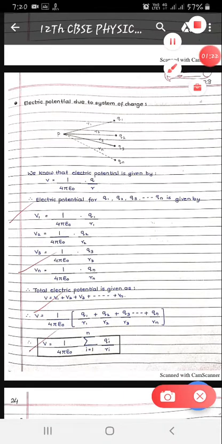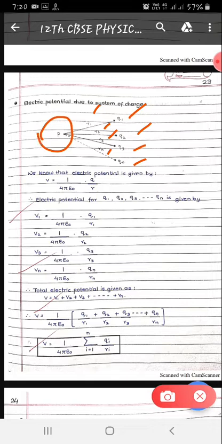Now just imagine a system, or any XY plane, having n number of charges like Q1, Q2, Q3 up to Qn, at distances R1, R2, R3, Rn respectively from any point P. What is our problem? What are we supposed to find?